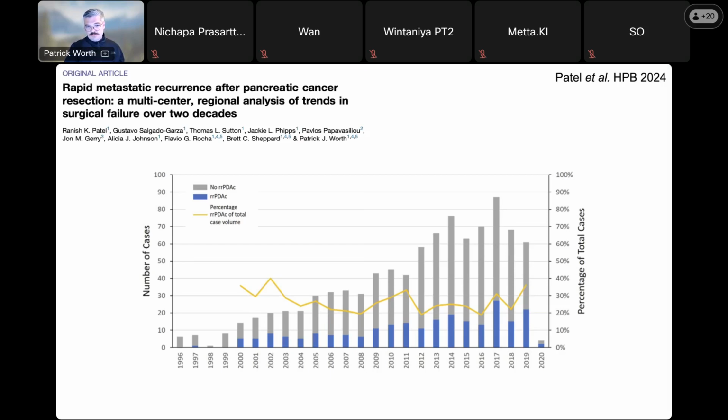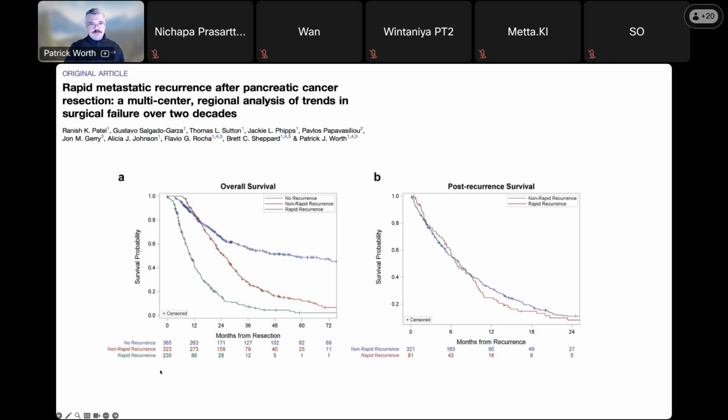And this is a Portland-wide metro database, community centers, academic centers across the city, comprising about 900 patients.